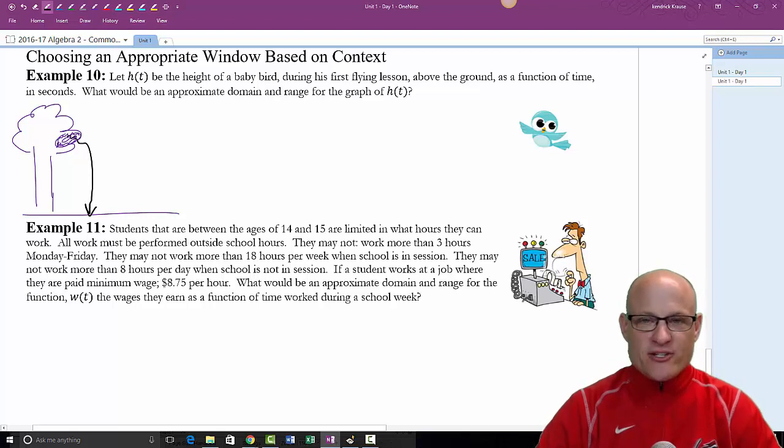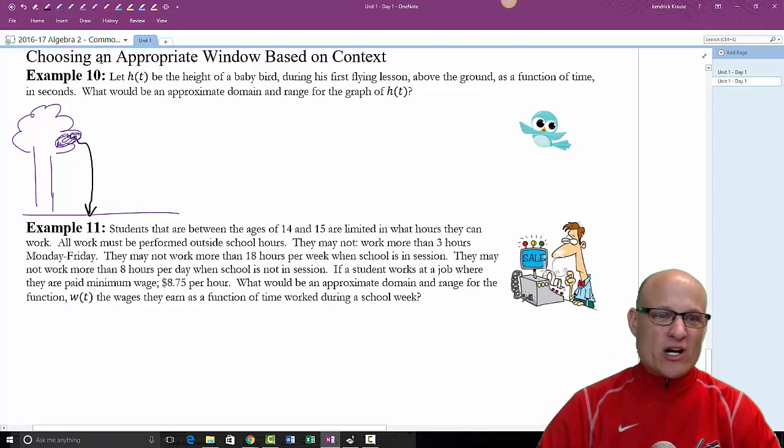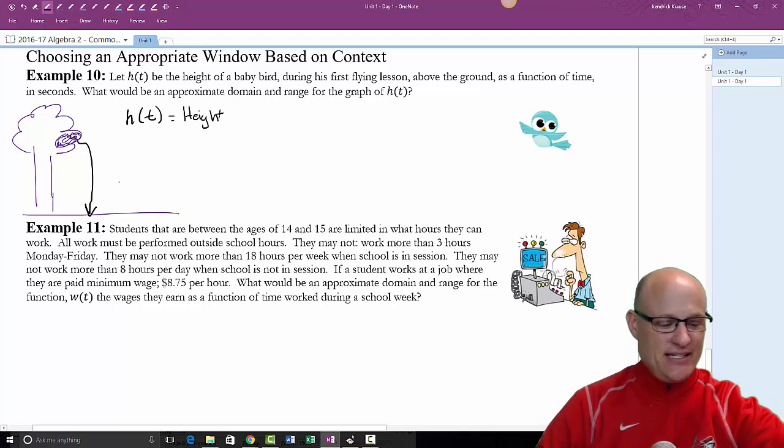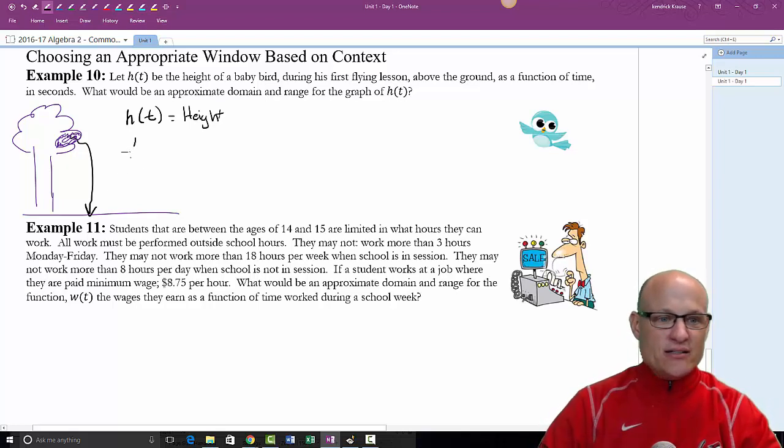So the domain in this case, notice it's h of t, where h of t represents the height, and t is the time. Now t is the domain, so we got to describe this.